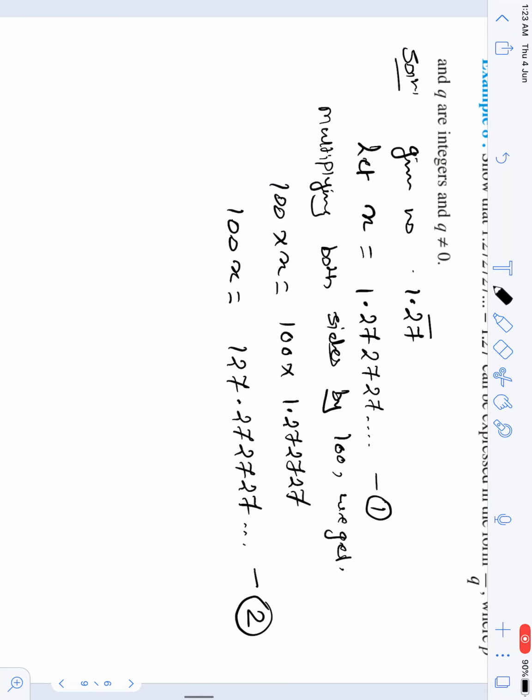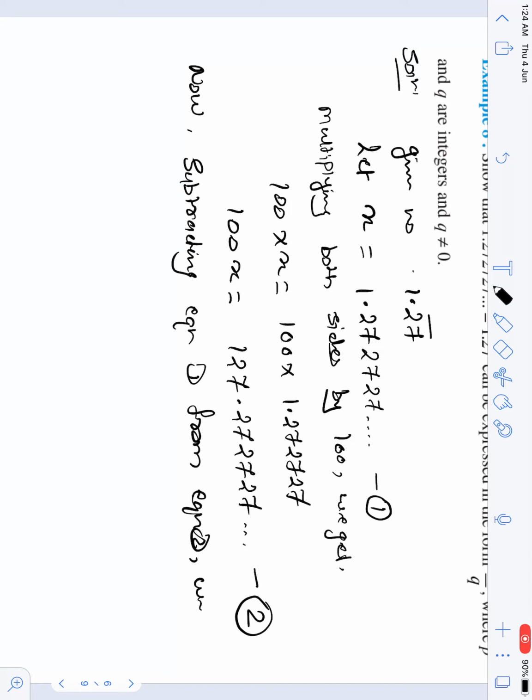Now our regular step: we will subtract equation 1 from equation number 2. So subtracting equation 1 from equation 2 we get. First we have to write equation number 2, the equation which comes after "from".